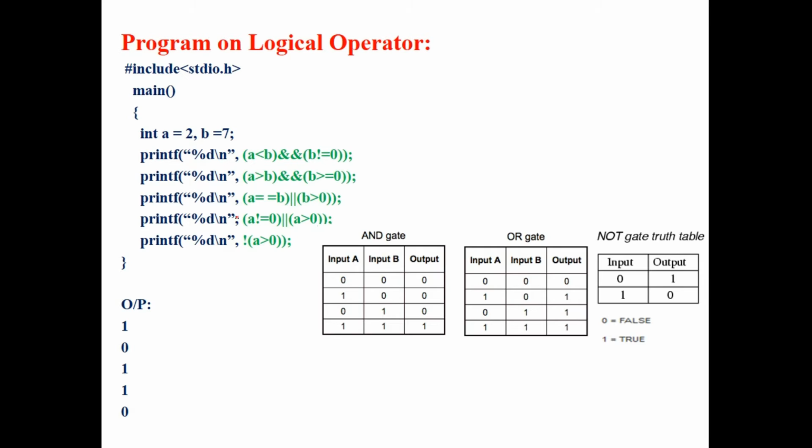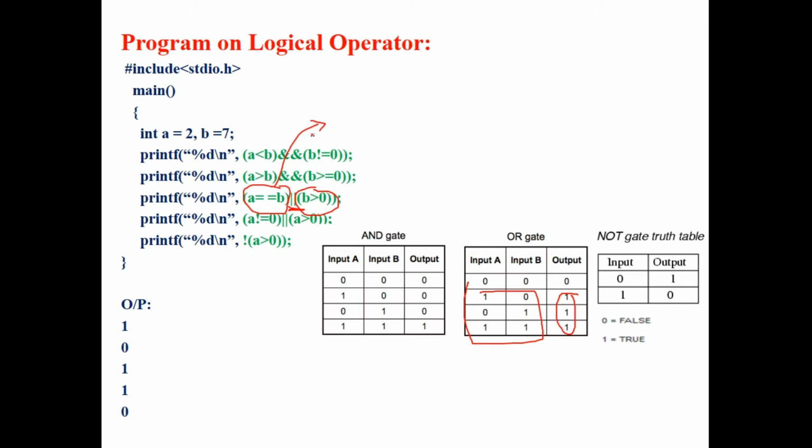The next is checking logical OR. So this is the OR table. If any one of your inputs is 1, you will get the output as 1 in logical OR. So we will check here a is equal to b and b is greater than 0. You are just checking what the logic values of these are.